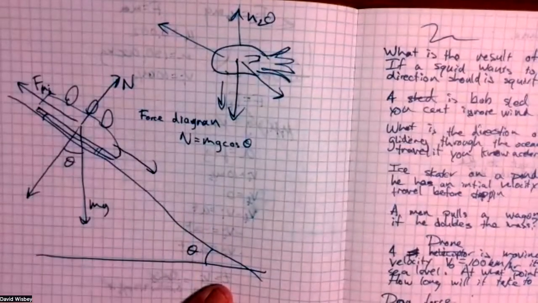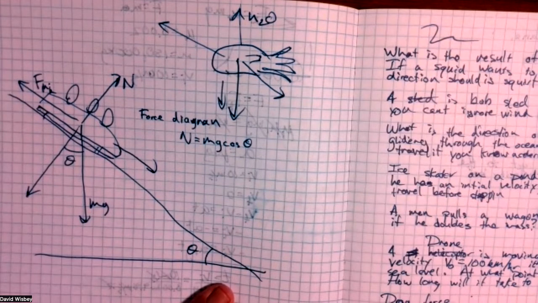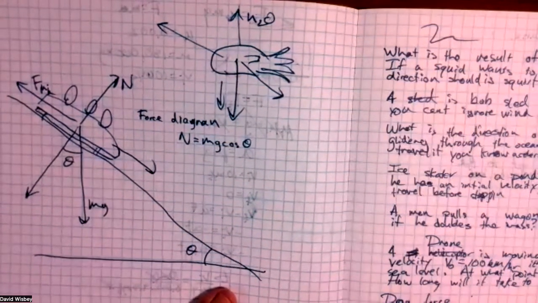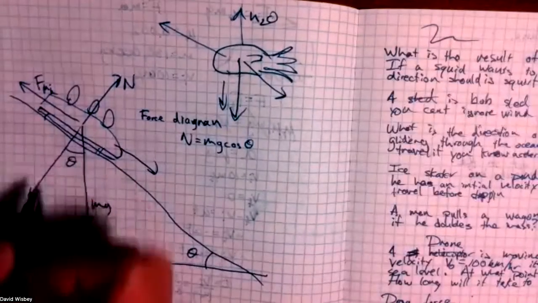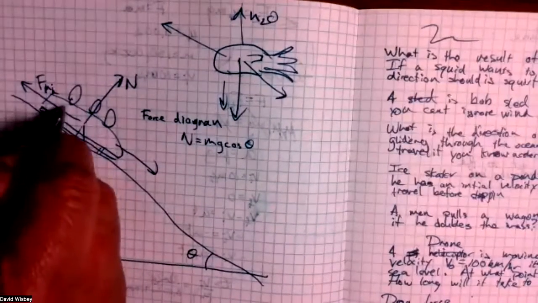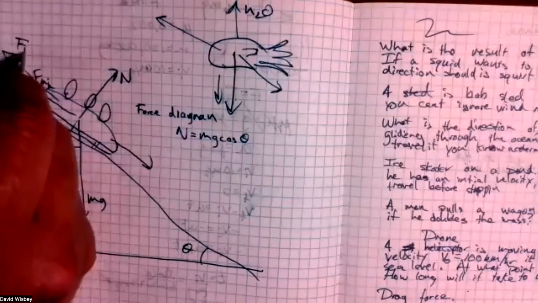Which way is the force of drag going? If we have drag on the bobsled, I'll say up as well. Yeah, the friction and drag force always oppose the motion of whatever it is. So drag is also going to be going this way.